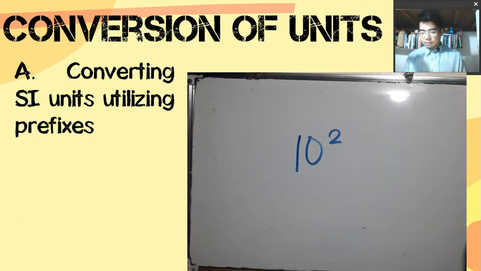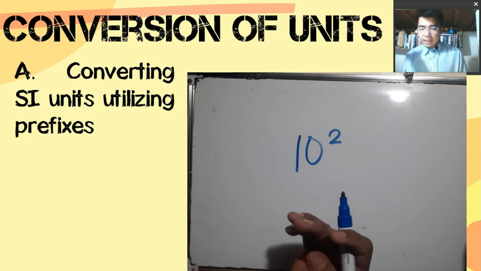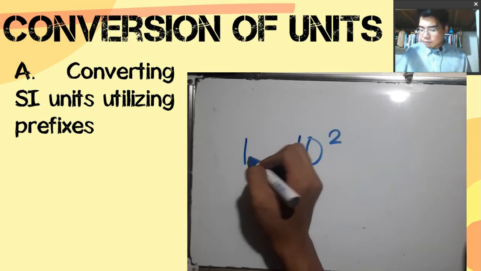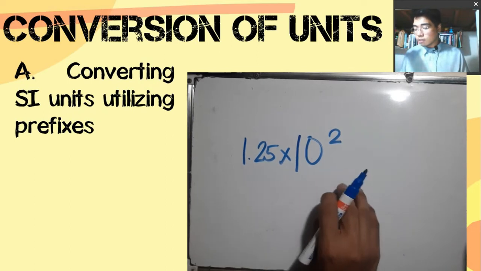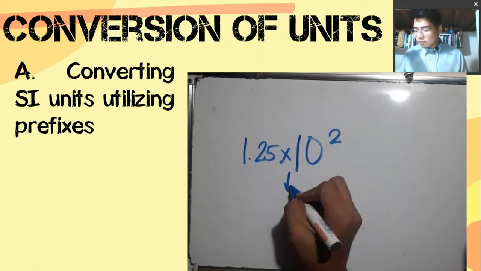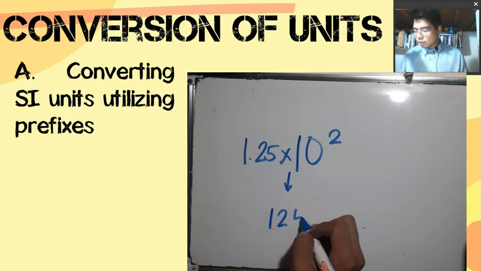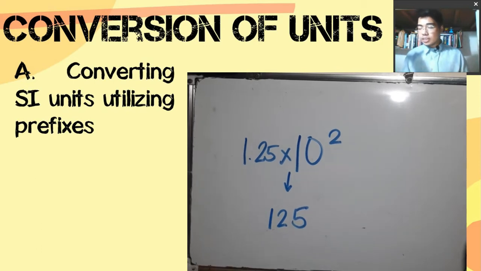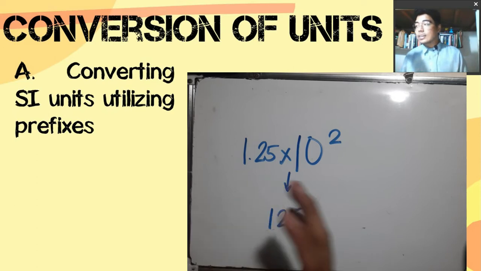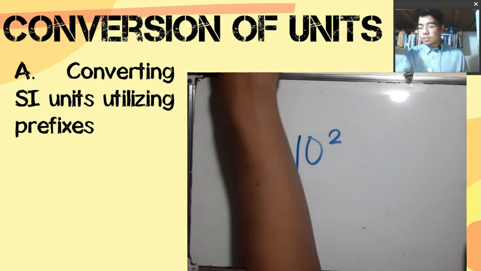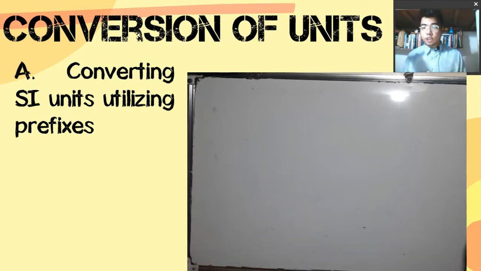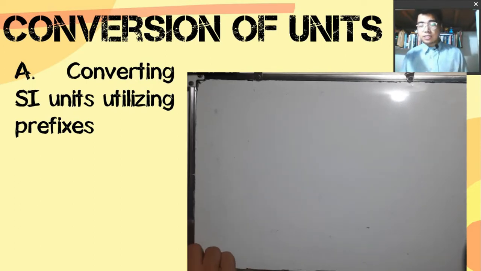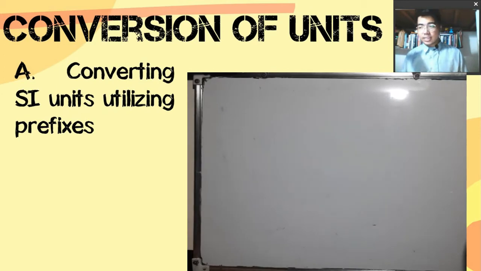So for instance, going back as a review, if we have a value of 1.25 times 10 raised to positive 2, this is also equivalent to 125 since we move the decimal point 2 place values to the right. These are the things that you're going to consider when it comes to the abbreviations and the values of the different prefixes according to the SI unit.